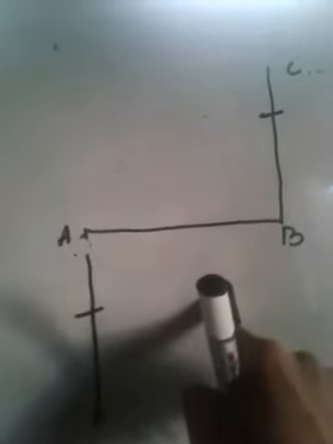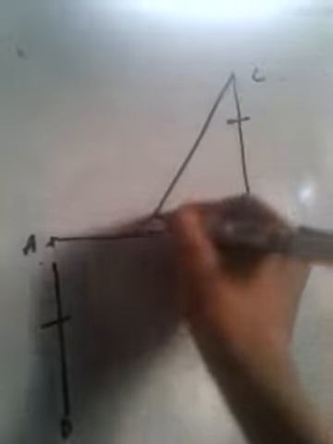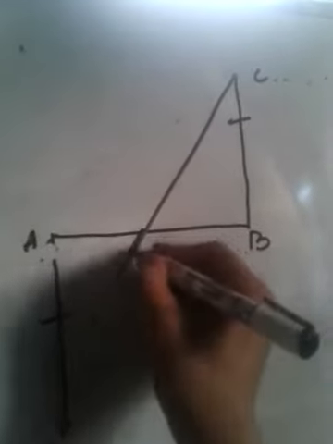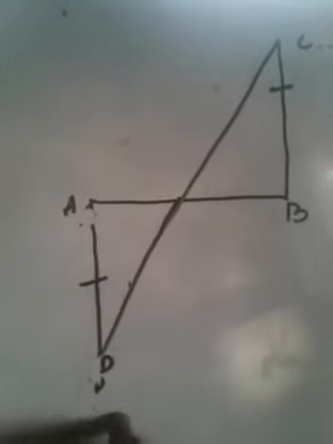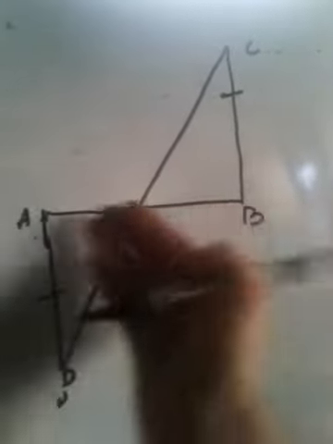What we are supposed to prove: if we join C with D, we have to prove that this CD bisects AB.